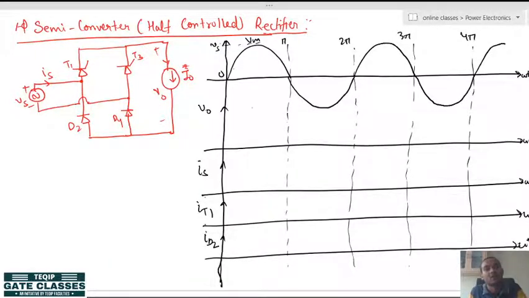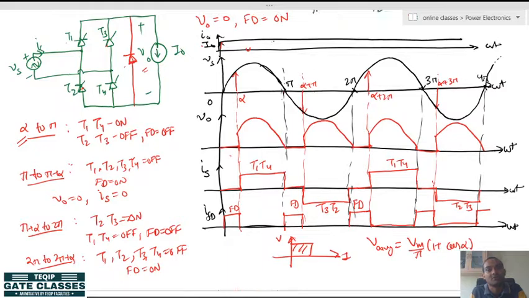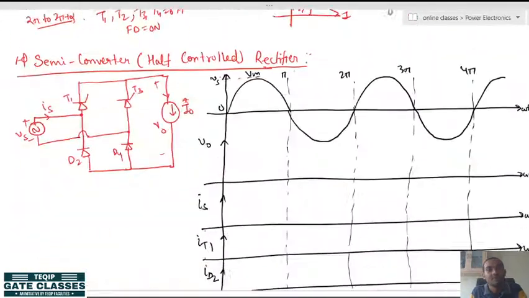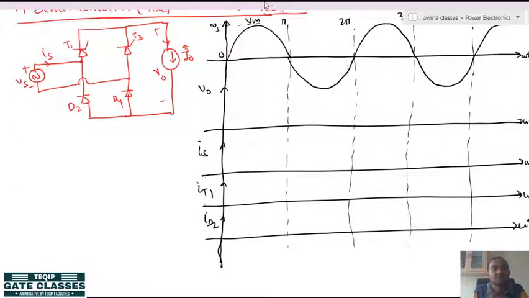I am taking the load current constant and ripple free like this. Now let us start its working.